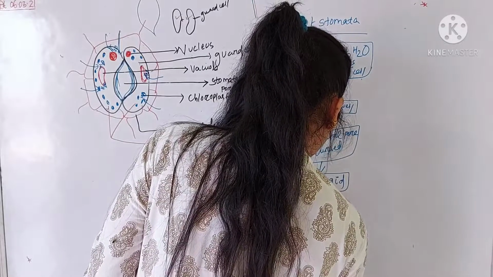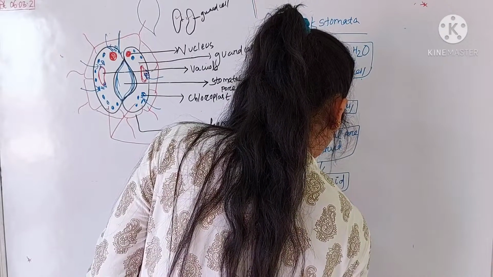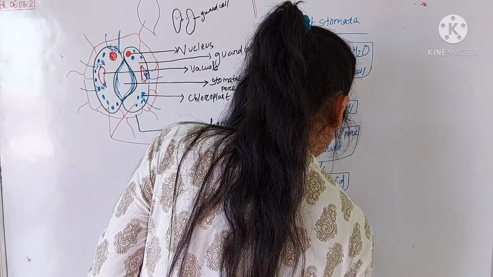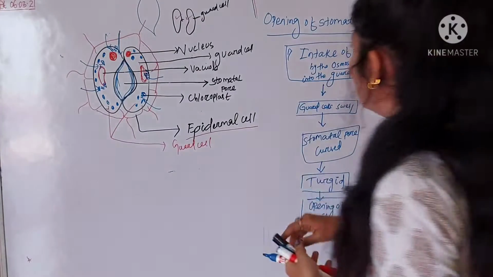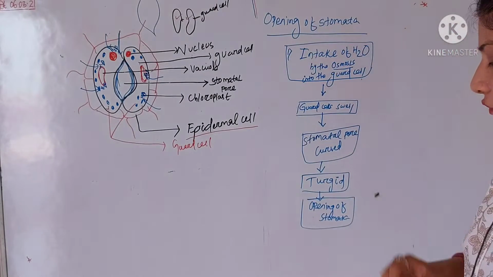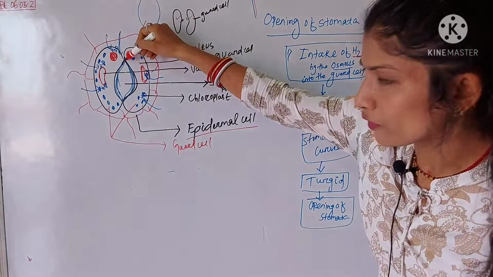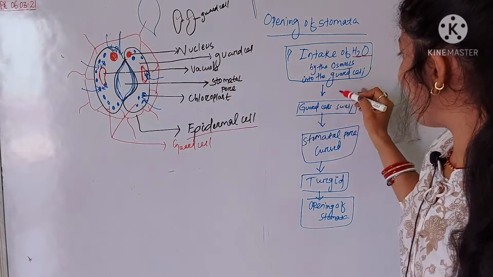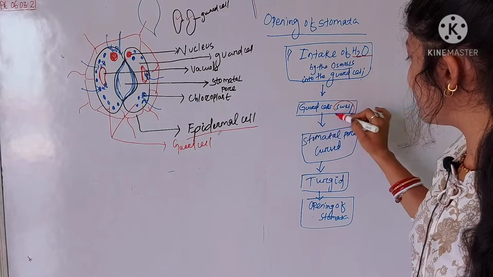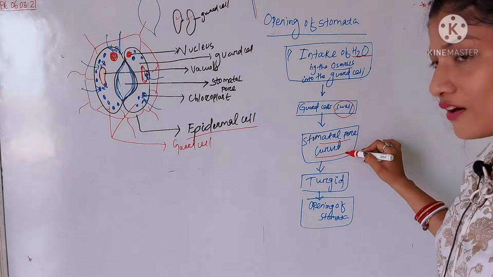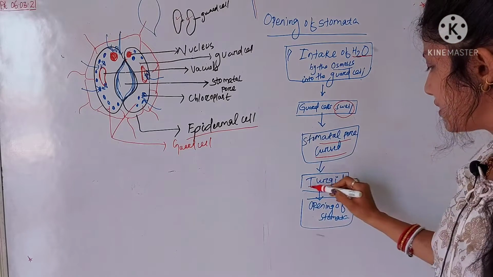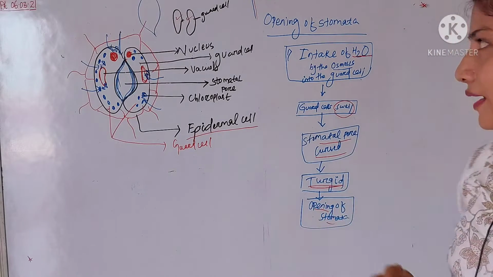This is the whole mechanism of stomata. So in the opening of stomata, first the entry of water molecules by osmosis, then the guard cell swells, then the stomatal pore becomes curved.